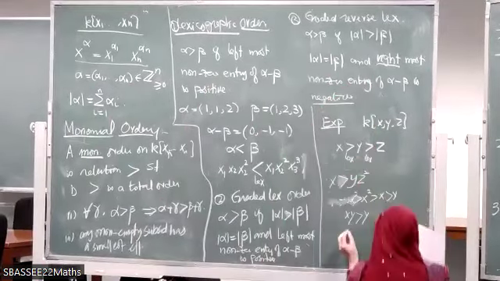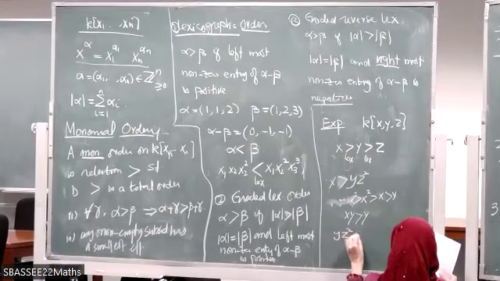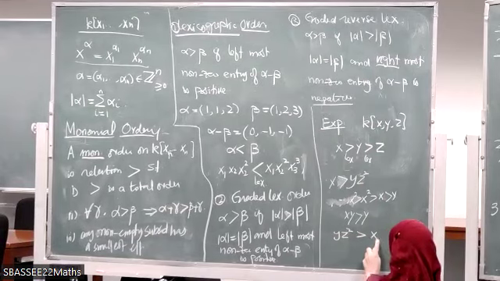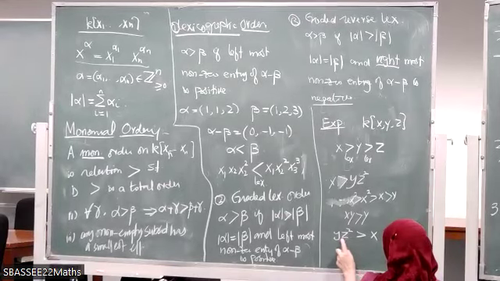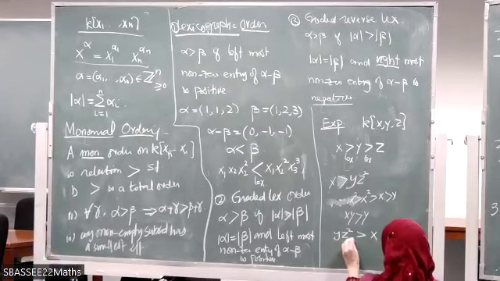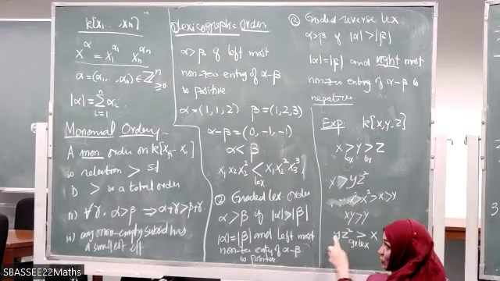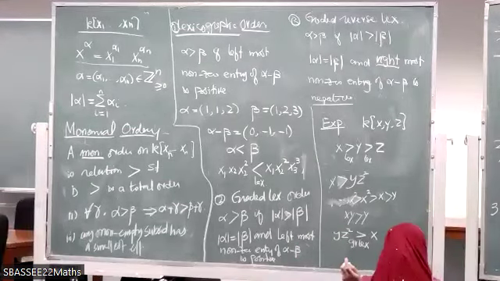And let me just write one more or two more. So here you can see that I have here x1 and this is 0, 1, 2. And by the grading, I'm not looking just at lex because its degree is more than that one. So by the graded lexicographic order it is bigger than this one.